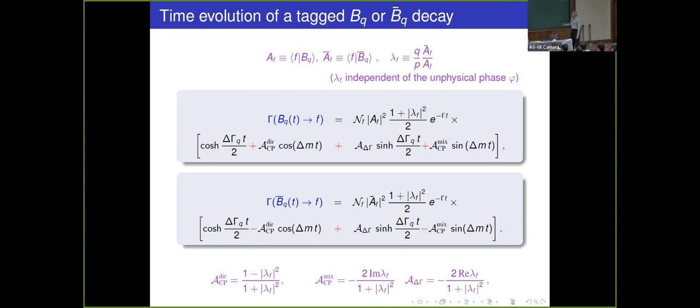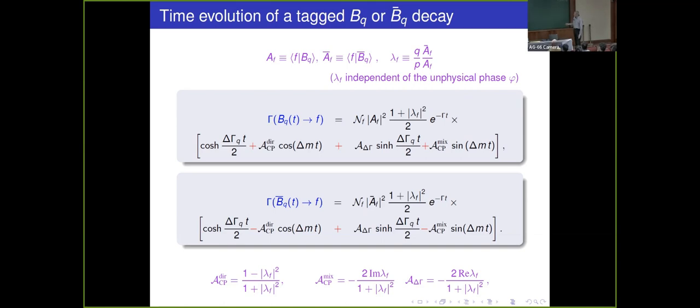Next line is important. In the time dependence, you actually get 4 terms. One depends on cosine delta m t, one depends on sine delta m t, one depends on cosine hyperbolic of delta gamma t, and one depends on sine hyperbolic of delta gamma t. All of these have coefficients in front of them, and these coefficients are essentially your measurables.